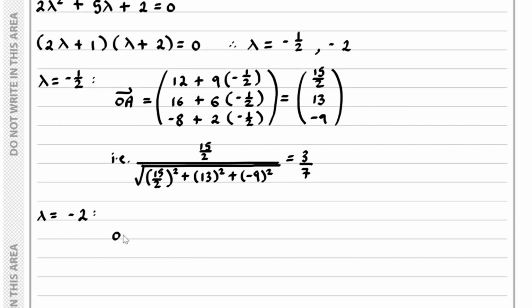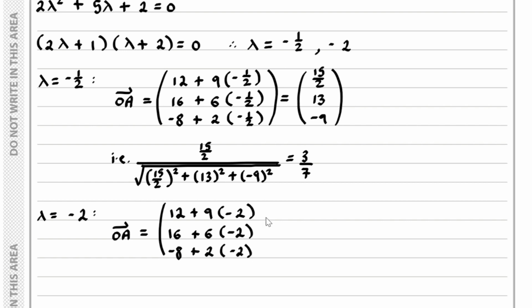So from here, the vector OA will equal 12 plus 9 lots of minus 2, 16 plus 6 lots of minus 2, minus 8 plus 2 lots of minus 2, which if we simplify, we get minus 6, 4, minus 12.